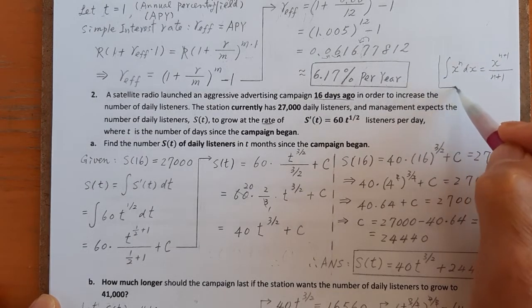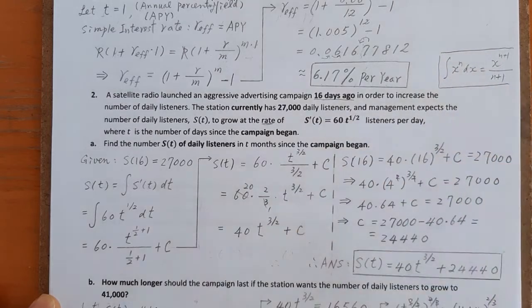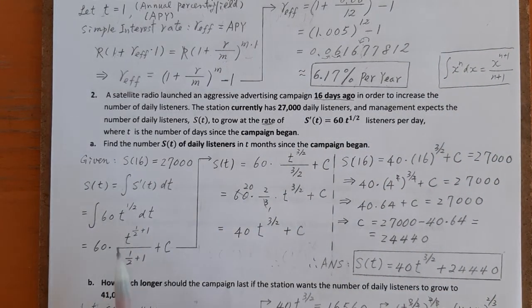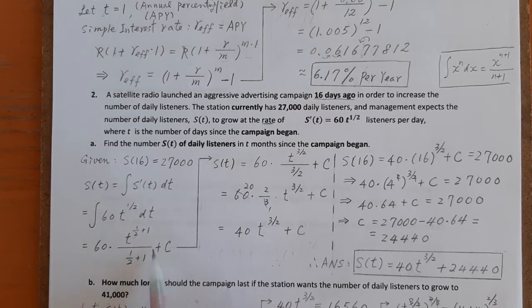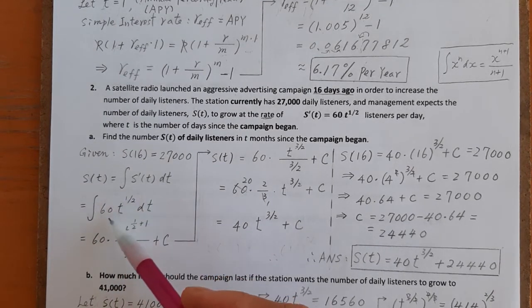This is the integral power rule. So we get t to the power 1/2 add 1, divided by 1/2 add 1, and add a constant c. Why do we need to add a c? Because when you take the derivative, c goes back to 0, and we go back to this.